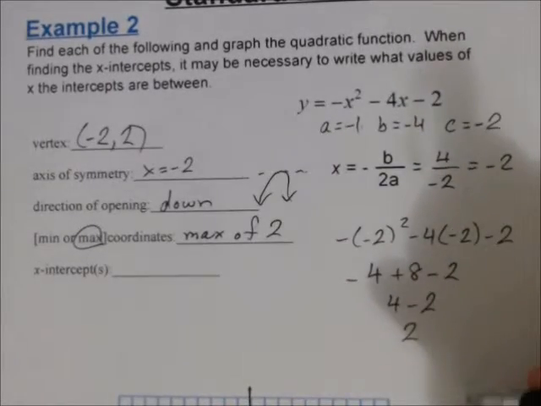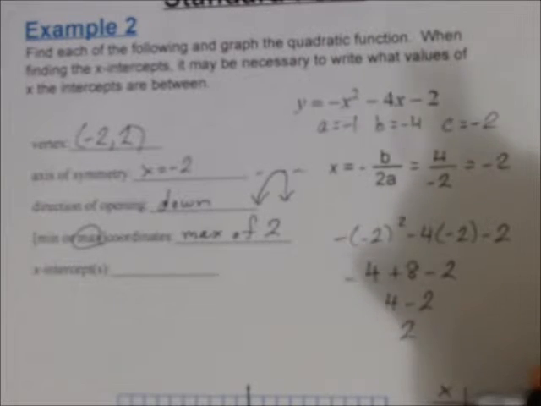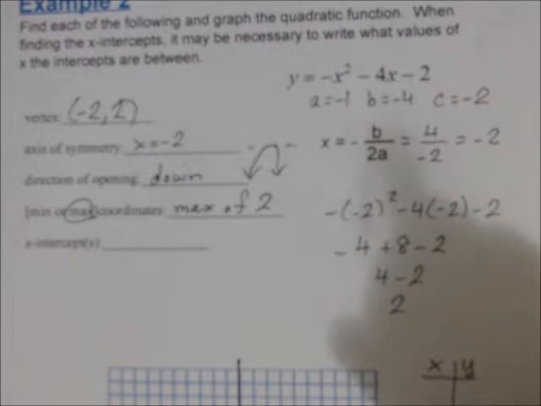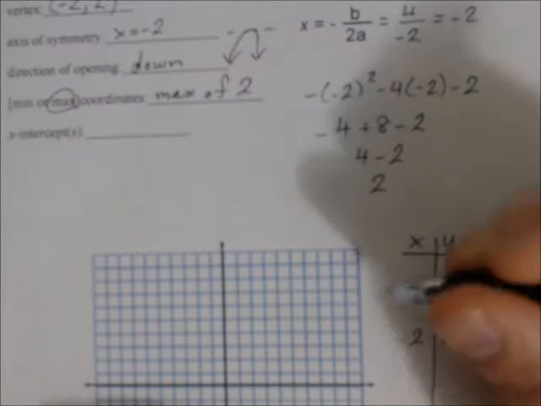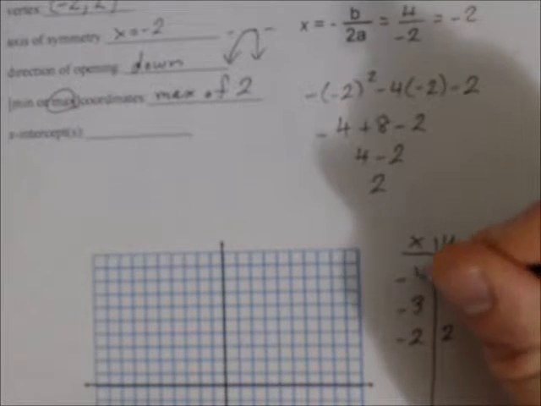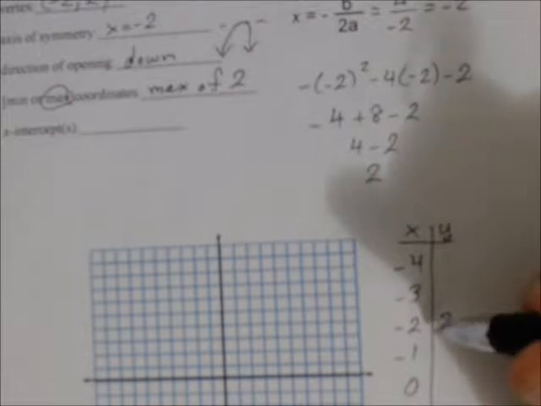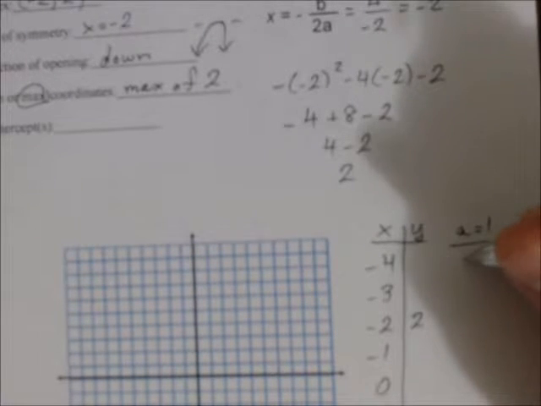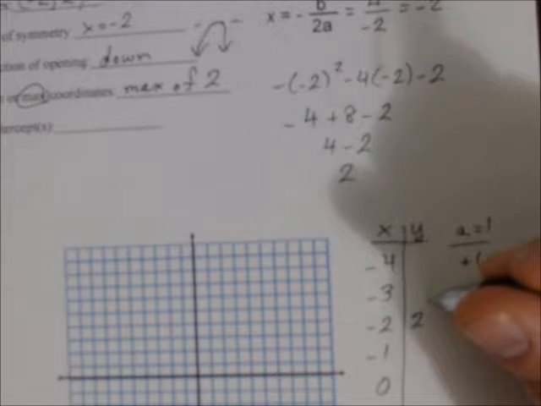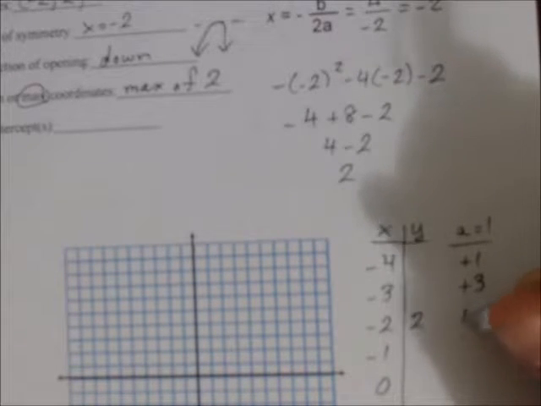So in creating our table, we put the vertex in the middle, choose 2 lesser values, 2 greater values, and now we could use that pattern that I was talking about. So when a equals 1, here's the changes. From the vertex, we would add 1 to get to that next value, add 3, then add 5.